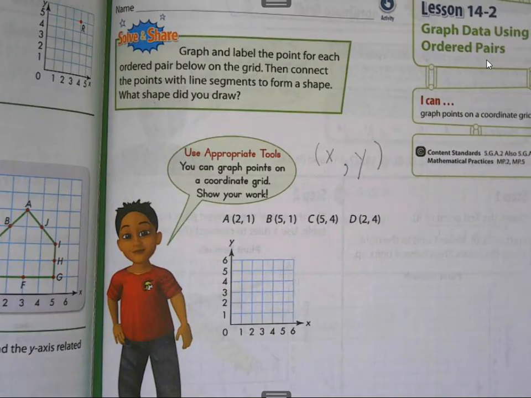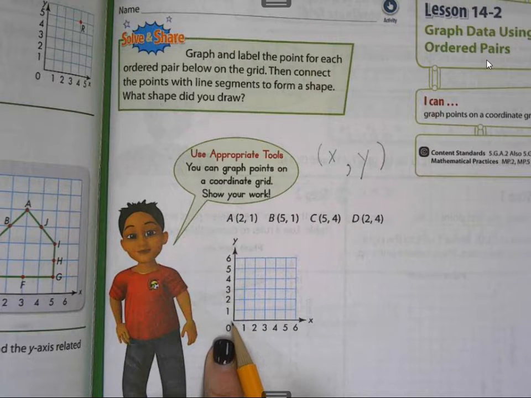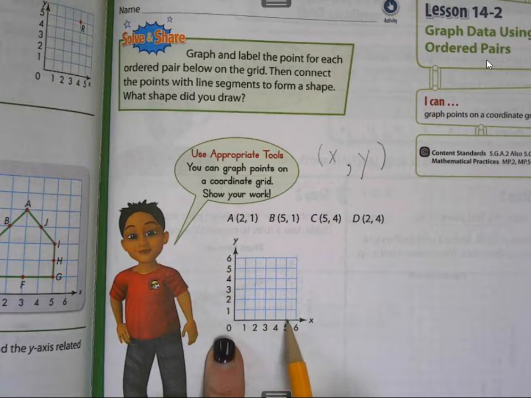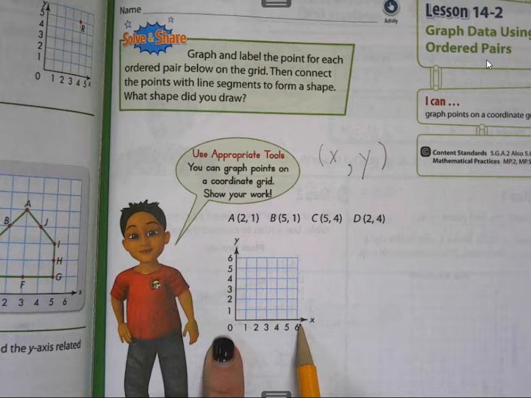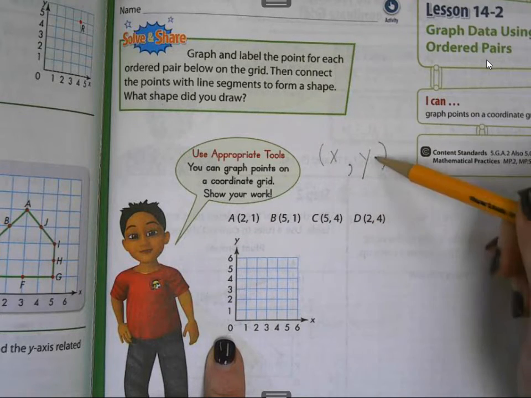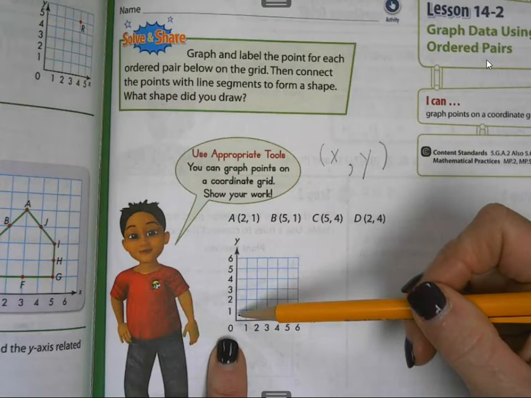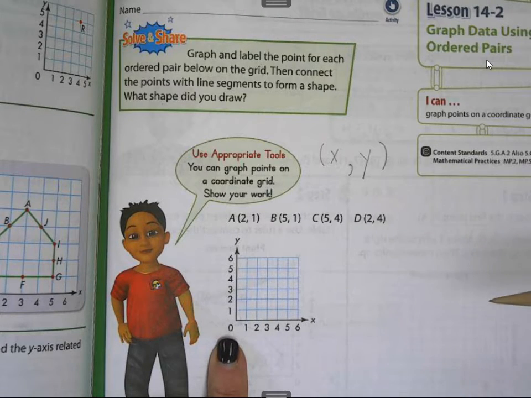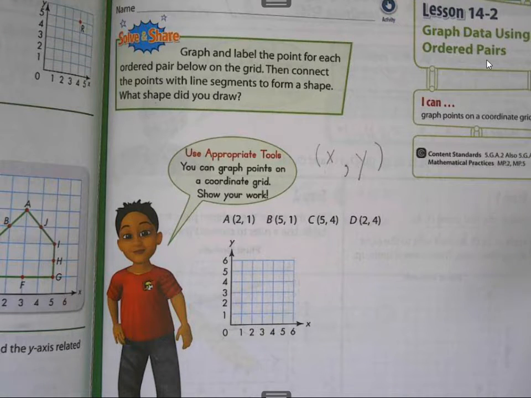So the X value is the number of units you move to the right in quadrant 1 from the origin along the x-axis. The Y value is the number of units you move above the origin along the y-axis, and they're labeled. You can see the increments are by 1, real easy to read.